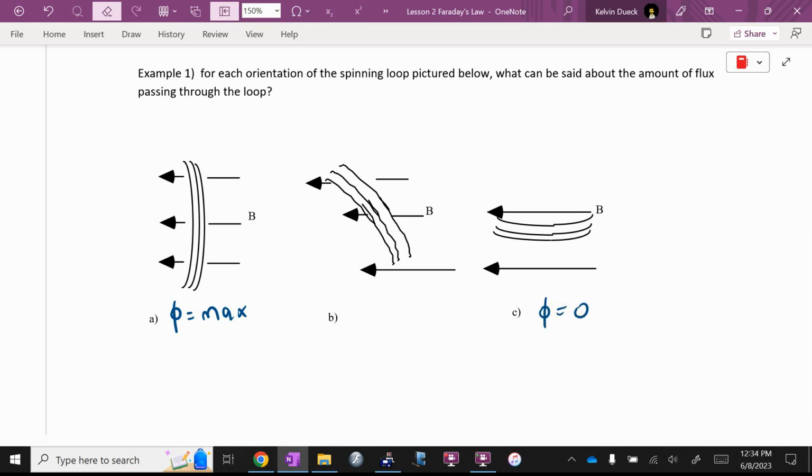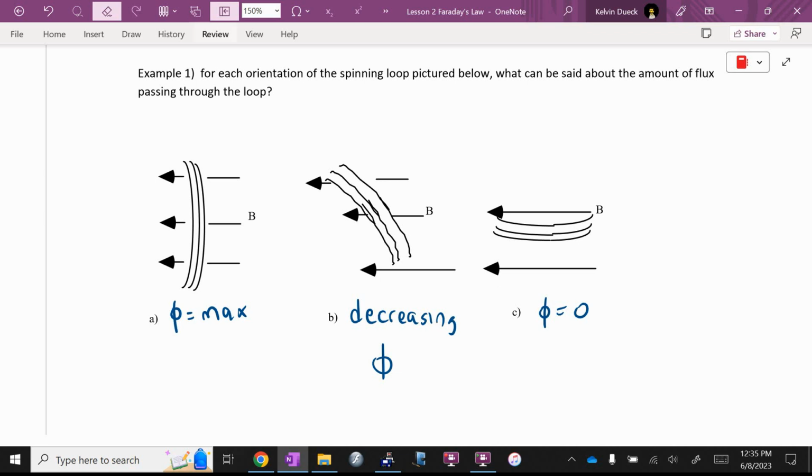Flux equals 0. In B, is the flux increasing or decreasing? Because it's rotating to picture C. This would be decreasing flux. Is that all right?